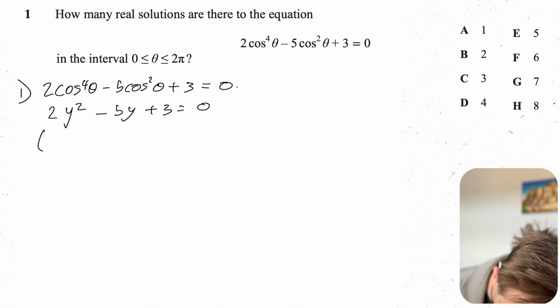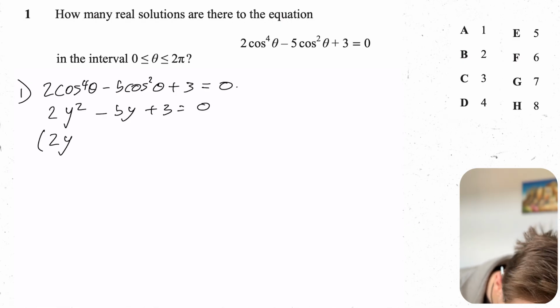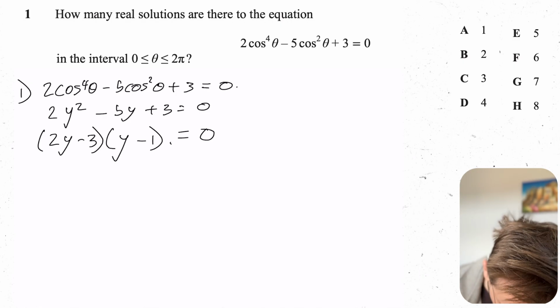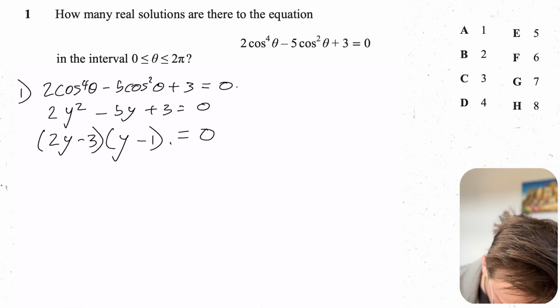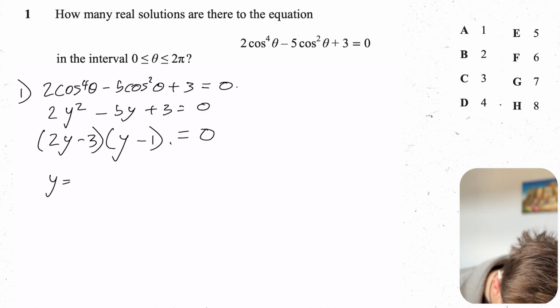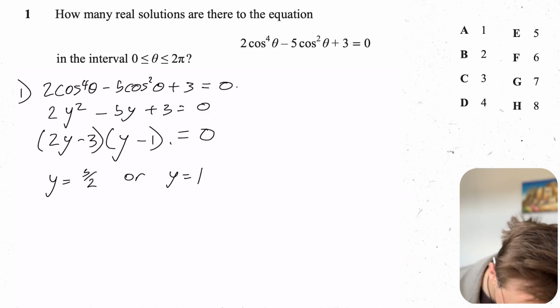That can be factorized to be 2y minus 3, y minus 1, I think. Expand that out: 2y squared minus 2y minus 3y plus 3. Yeah, perfect. So we either have y equals 3 over 2 or y equals 1.